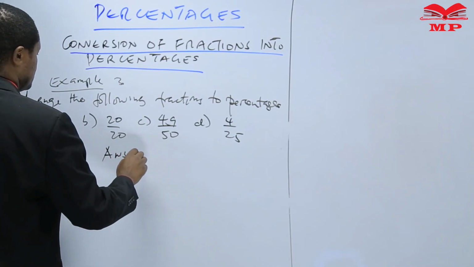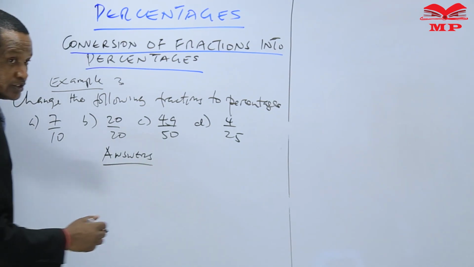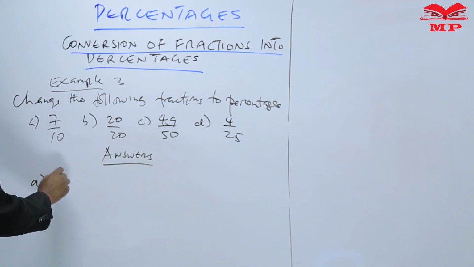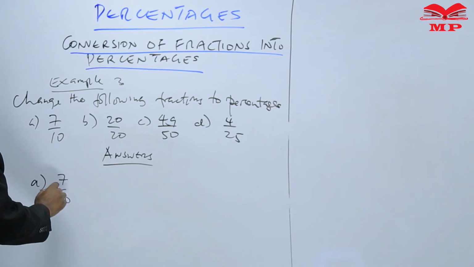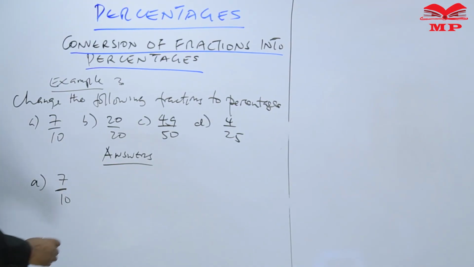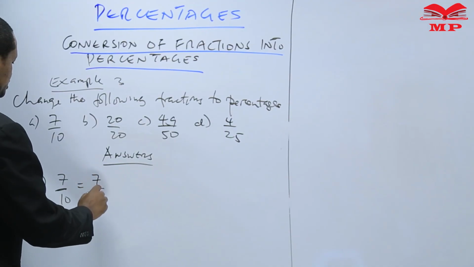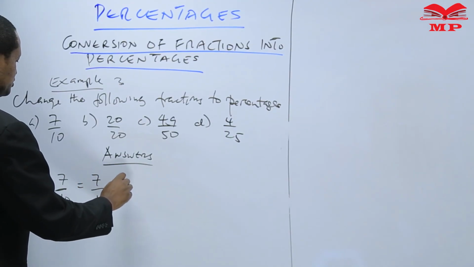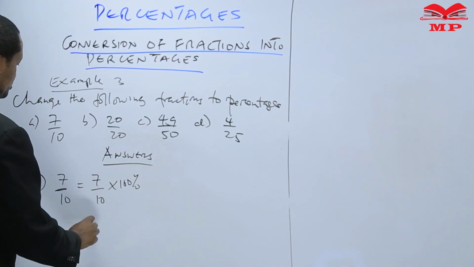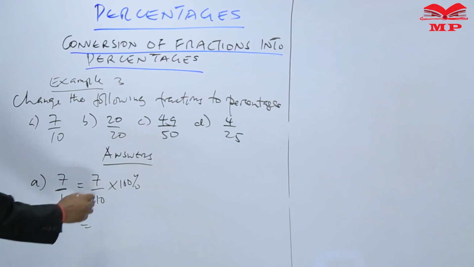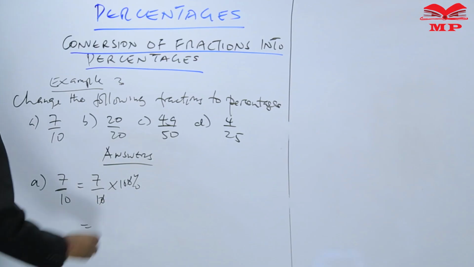Learners, it's very simple. If you have a fraction like 7 over 10, to convert into a percentage, this will be equal to 7 over 10 times 100%, in which this one cancels out with this one.